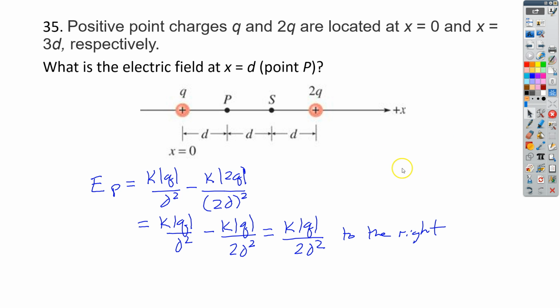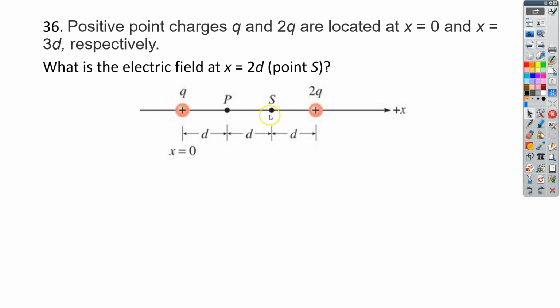The next one is number 36. They want to know what is the field at point S. So for point S, we're going to do a very similar thing that we did before. So let's go ahead and say E here is equal to, oops, that doesn't look like an E, so let's go back.